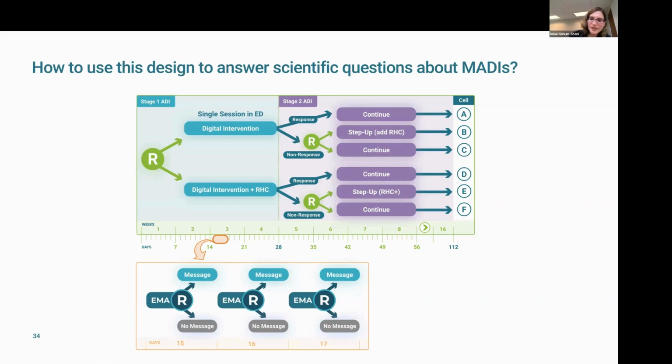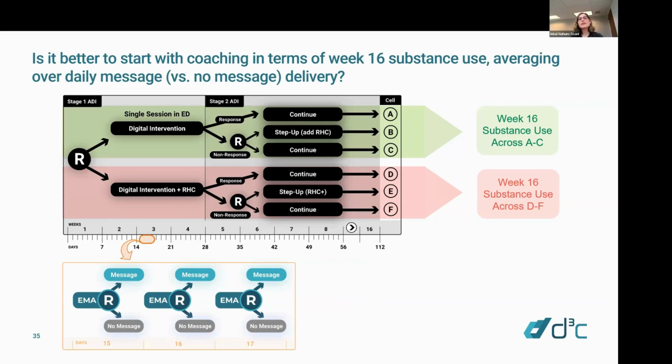All right, suppose that I collected the data, cleaned it up, I'm ready to conduct my first analysis. And the first thing that I want to do with the data is figure out if my METI should start with coaching or with minimal support. Is it more beneficial to start my METI with coaching versus minimal support in terms of my distal outcome week 16 substance use?